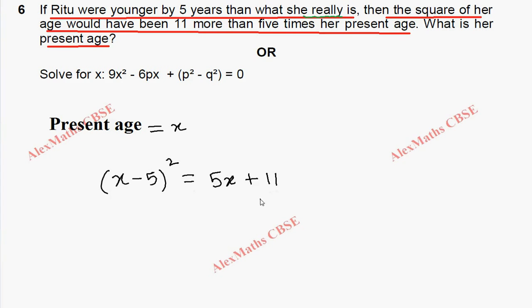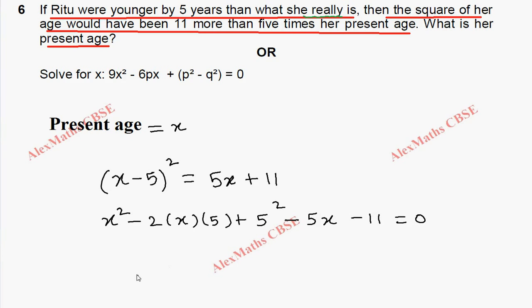This is the expression, and they are asking for the present age. We have to solve and get the value of x. We have to expand this using a minus b whole square, which is a square minus 2ab plus b square. And these two terms, if we carry to the same side, become minus 5x minus 11 equal to 0.